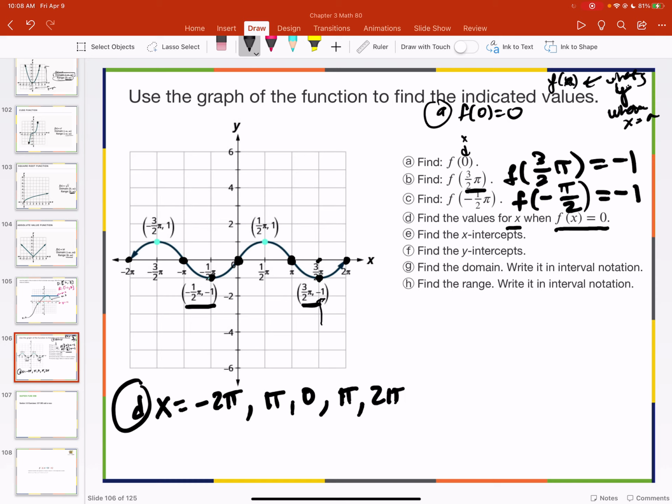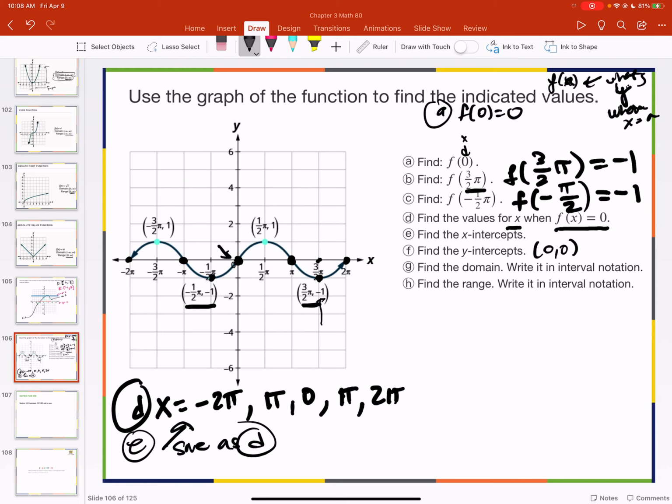What about E? That's the same thing as the x-intercepts, same as D. F, find the y-intercept. There's only one, at the origin. It's the only place it crosses the y-axis.